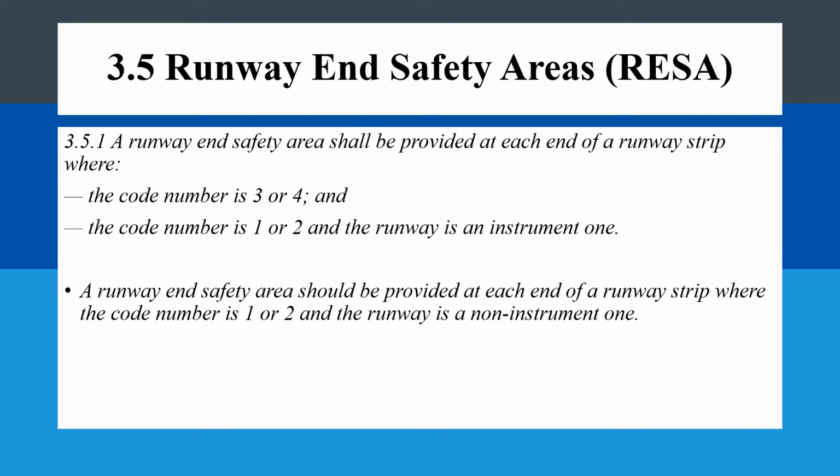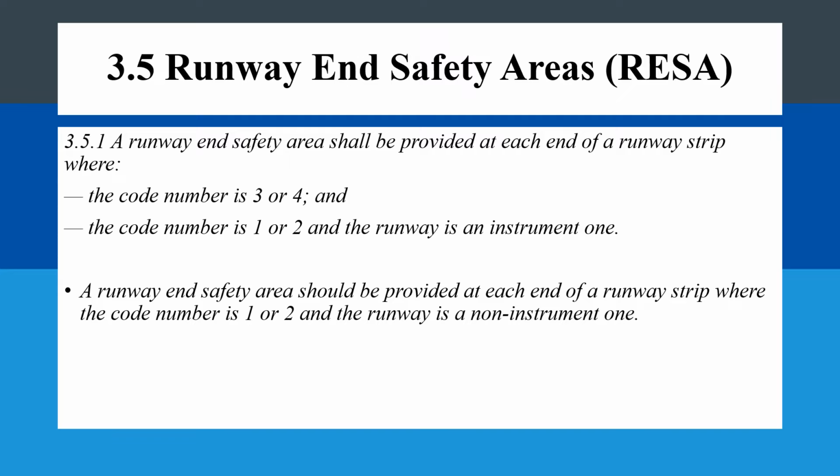It also recommends that a runway end safety area should be provided at each end of a runway strip where the code number is 1 or 2 and the runway is a non-instrument one. Therefore, in all cases, runway end safety areas should and shall be provided.